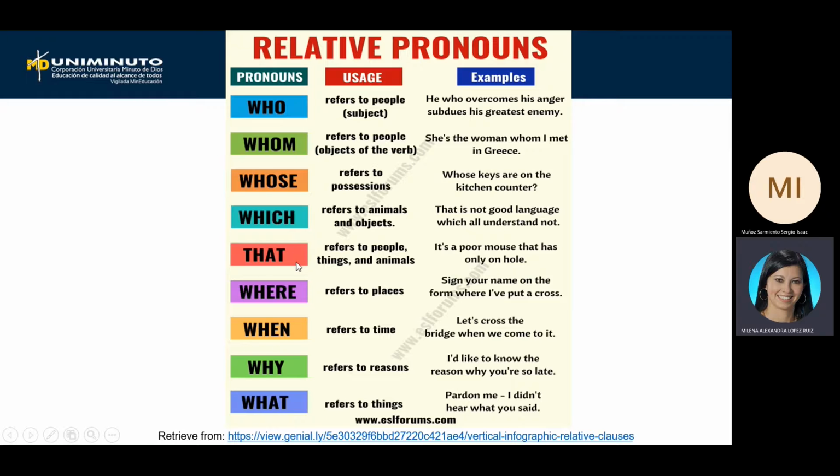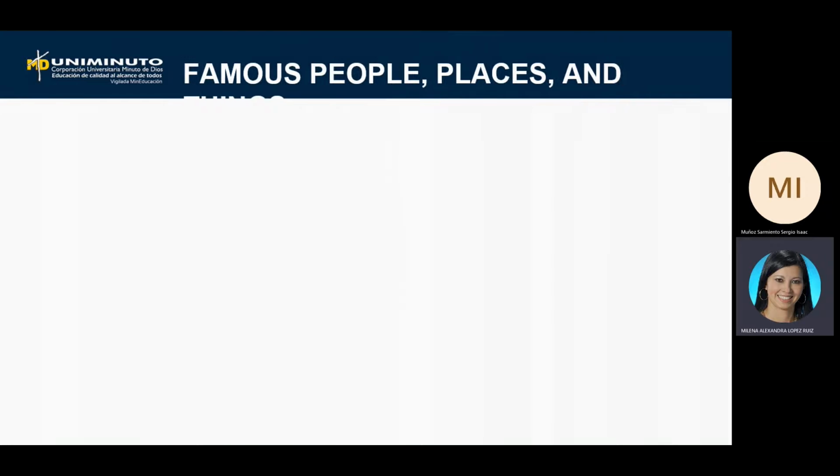That can refer to people, things, or animals. Where refers to places, when refers to time, why refers to reason, and what refers to things. But normally we don't use what, we use which, a more formal way, okay. So we're going to practice this a little bit.